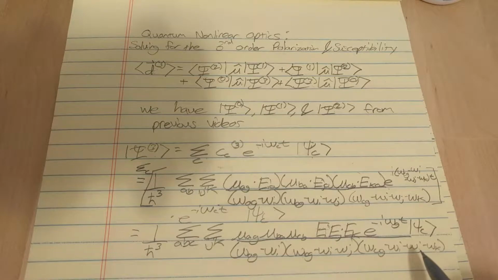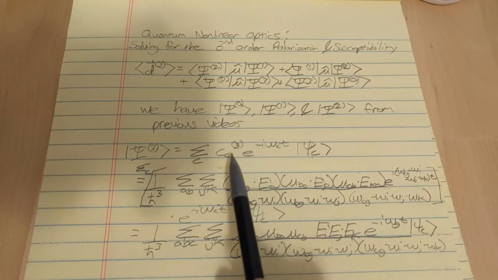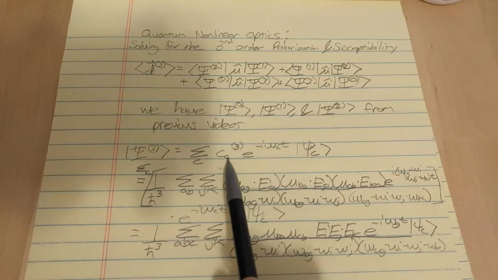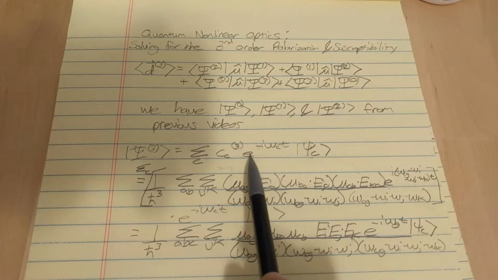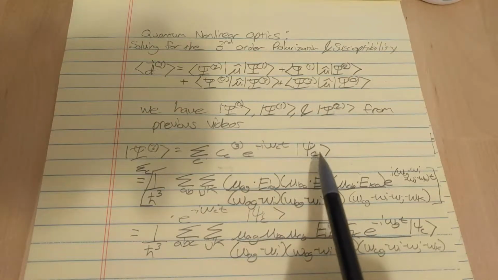Okay, and now we'll just do the bra side by taking the complex conjugate of C sub C and, well, this exponential factor, positive will be there, and this will change into a bra.